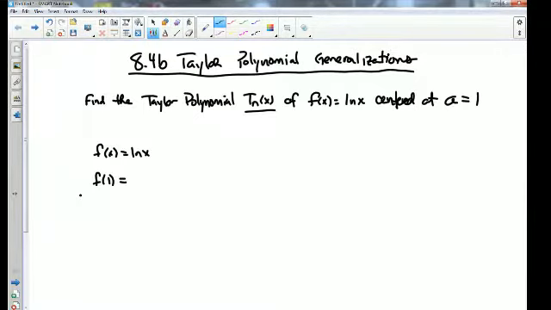What's natural log at 1? Awesome. Now the derivative at 1. Second derivative.